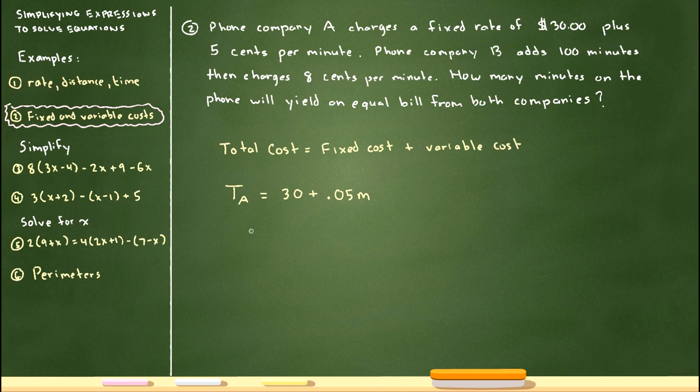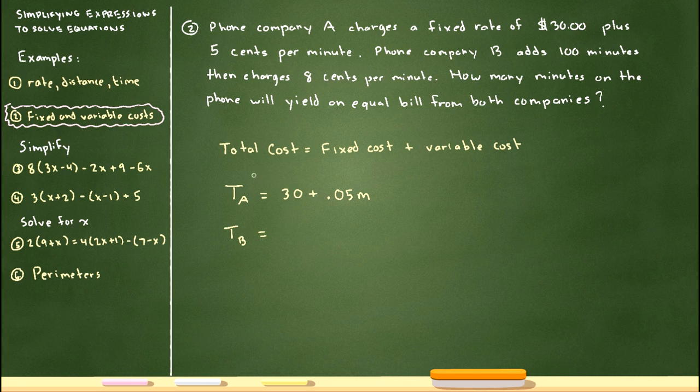And for phone company B, let's call that T sub B, the total cost for B. Well, this is going to equal, now do they have a fixed cost? Well, they sort of have a fixed cost. It's kind of built in, but let's ignore the fixed cost for now. Let's talk about a variable cost. So they're going to charge 8 cents per minute on the phone.